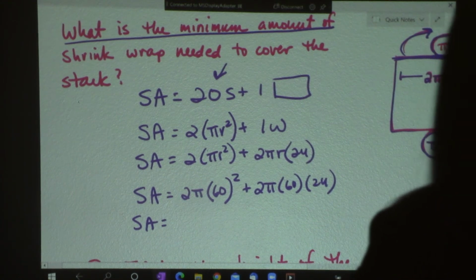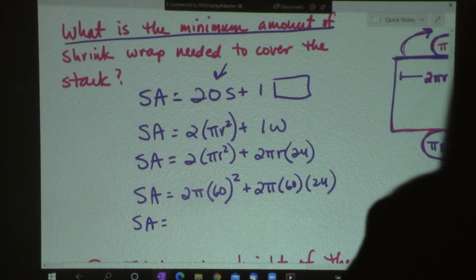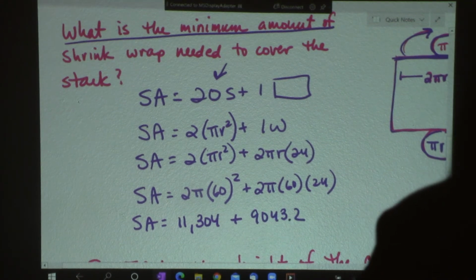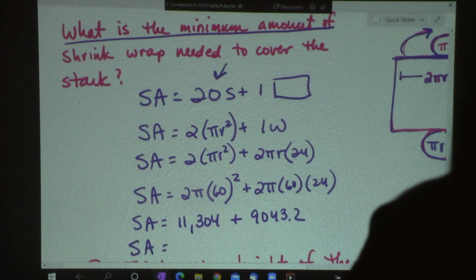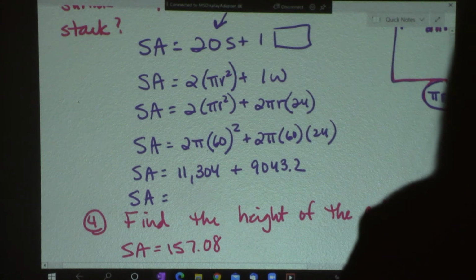Okay, and if I work all that out, I get 3,600 times 2 pi, and that works out to be 11,304. And if I multiply 2 times pi times 60 times 24, I get 9,043.2. And when I add those together, oh, that was just 1.